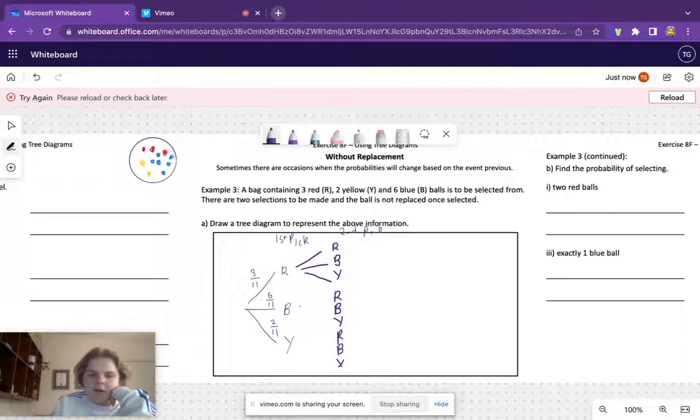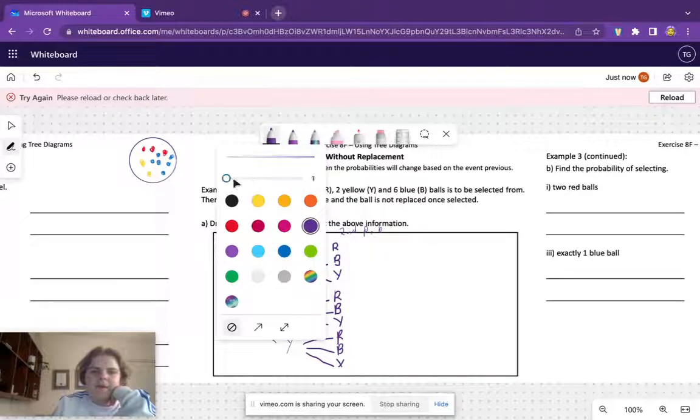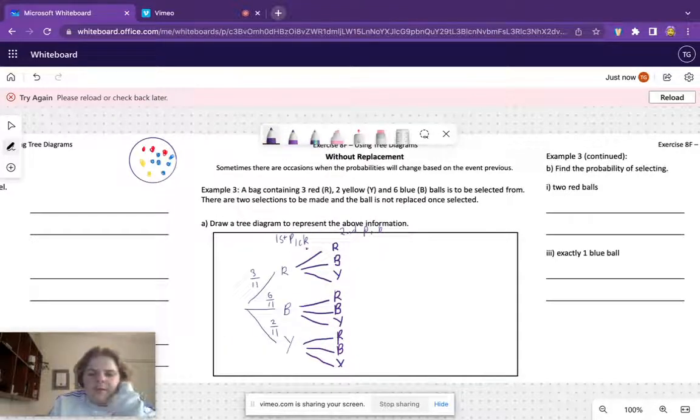But let's see what happens to our probabilities now. So let's think about this. What's happened now on our second pick? On our first pick, we picked a red one here. So now there's only 10 marbles left. And now there's only 2 red ones left.